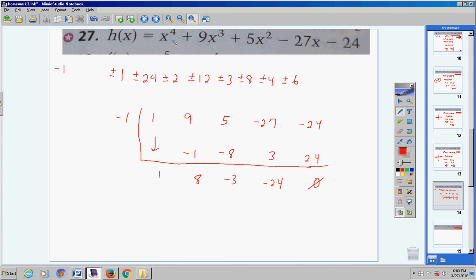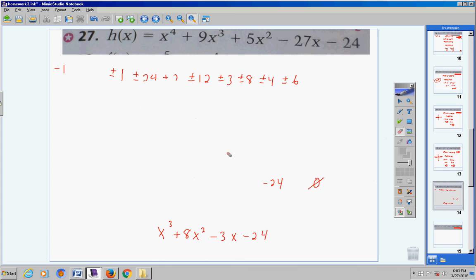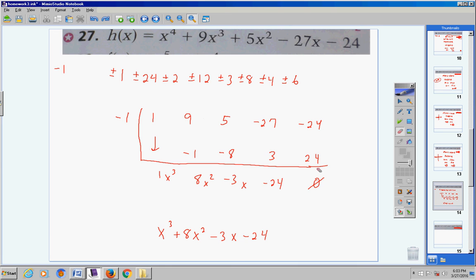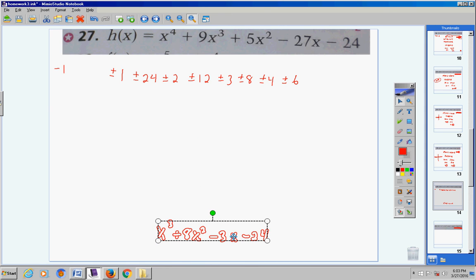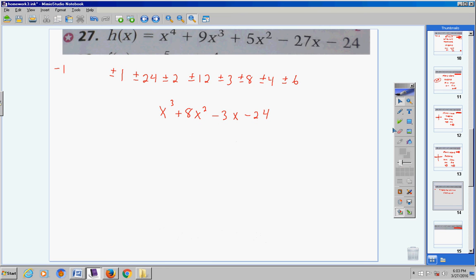Now, I did have a 4th degree. Now I've broken it down to a 3rd degree. So here we go. I have x cubed, positive 8x squared, negative 3x, negative 24. Now, we might be able to factor this.